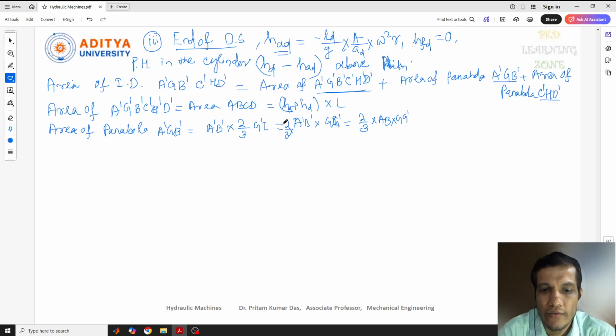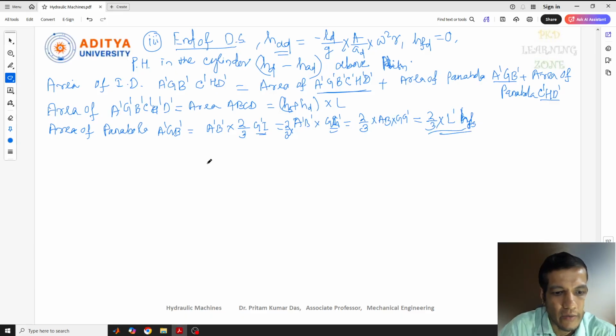The GI value, like G dash to I, what is the distance? That is nothing but G to G dash. Now for the value of AB, what is the length of this AB? That is nothing but the stroke length, so if you want, you can write L dash. So this is the area of the parabola for this one.